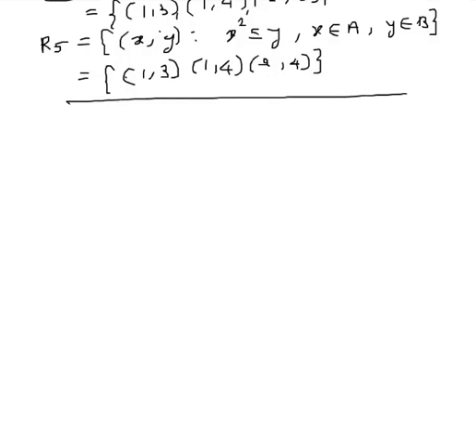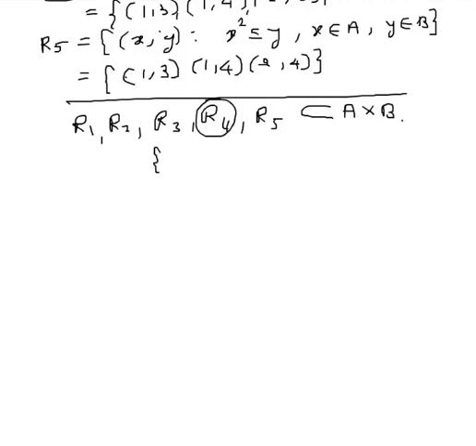If you see, R1, R2, R3, R4, R5, all are subsets of A cross B. So it may be a null set, it may have 1 element or 2 elements or 3 elements, or it may have all 4 elements like R4. A null set is a subset of any set.